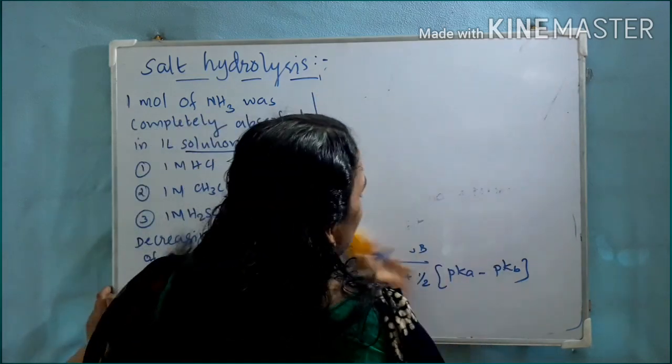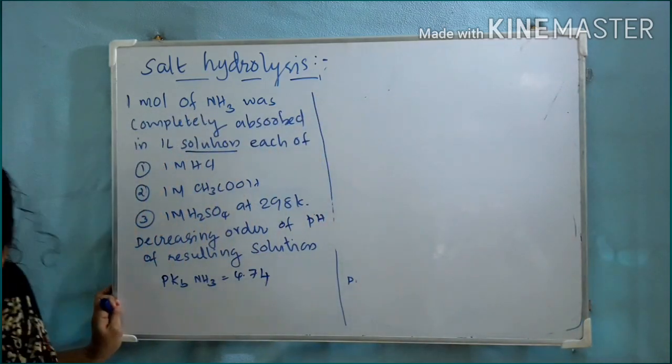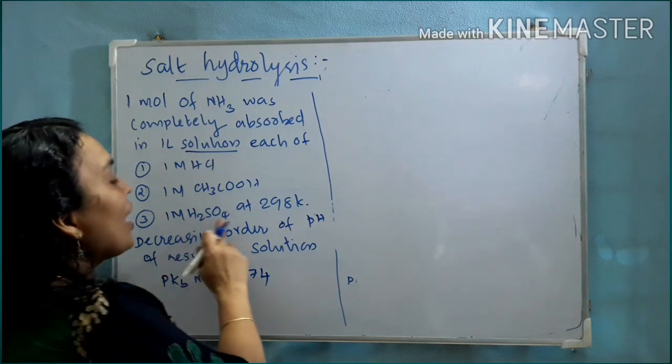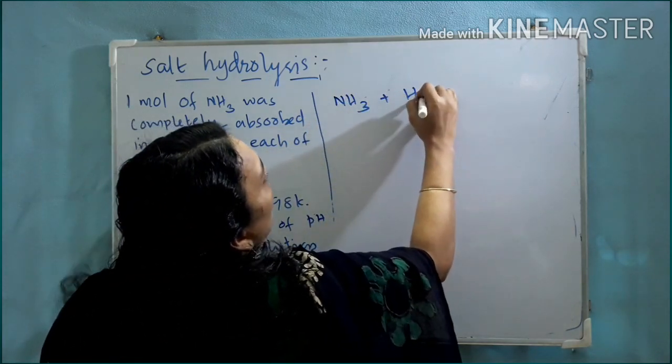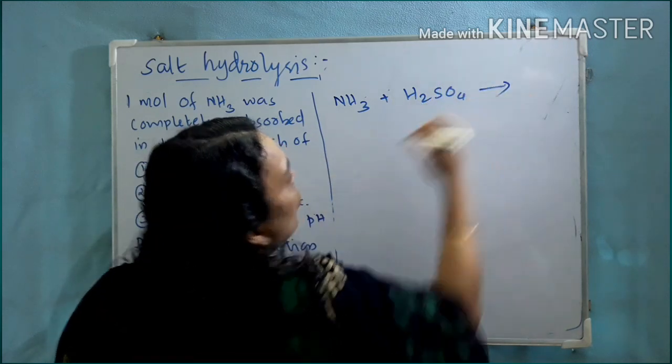Then come to the third case. 1 molar H2SO4, that is, ammonia is reacting with 1 molar H2SO4.